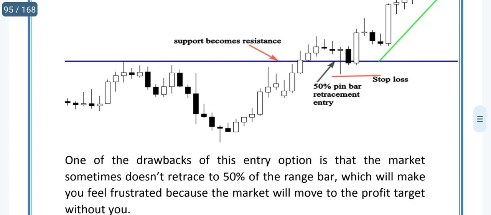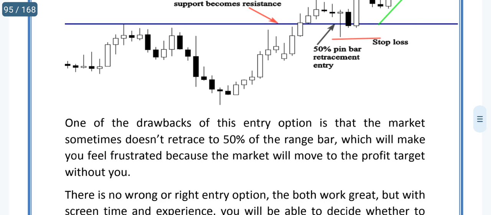You have to understand this point, that sometimes the market does not retrace to 50% of the range penny bar, and this will make you feel frustrated because the market will move to the profit target without you.